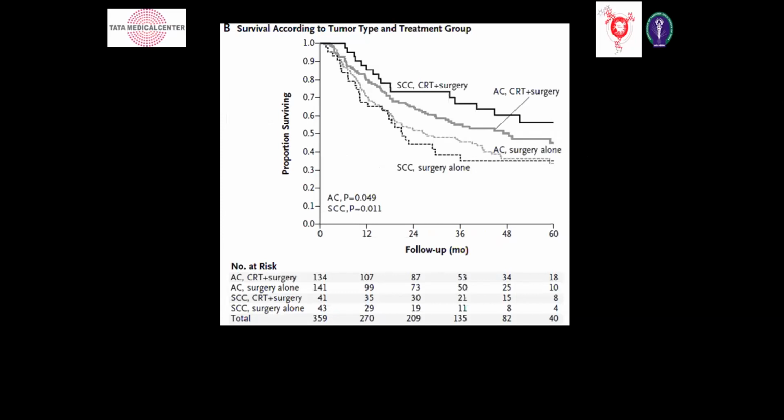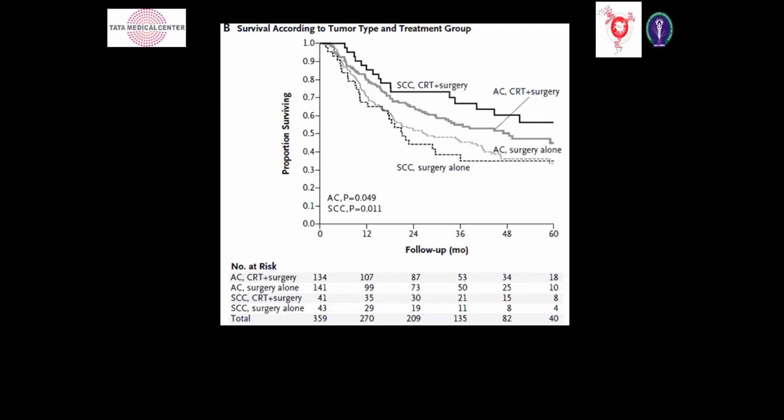But one thing about this CROSS trial is that although the squamous cell cancer group showed more benefit, around 75% of patients in this trial had adenocarcinoma, and they included tumors of the GE junction, lower end of esophagus, and adenosquamous both.